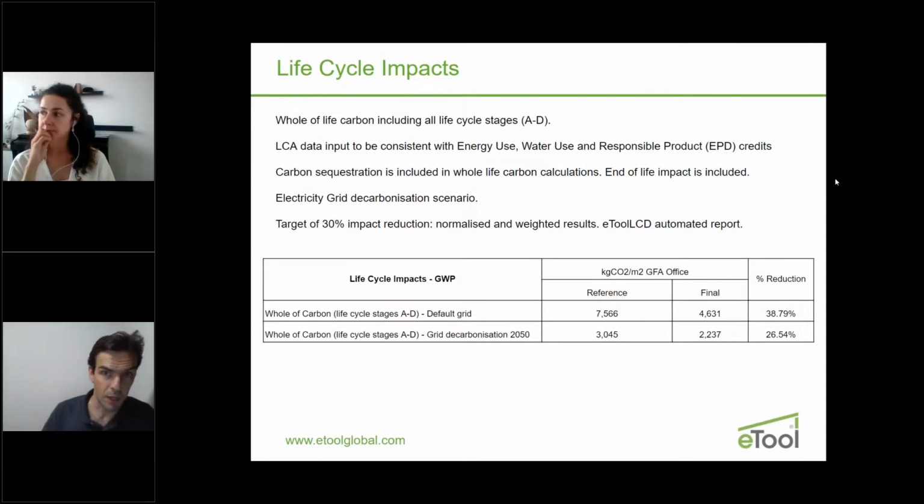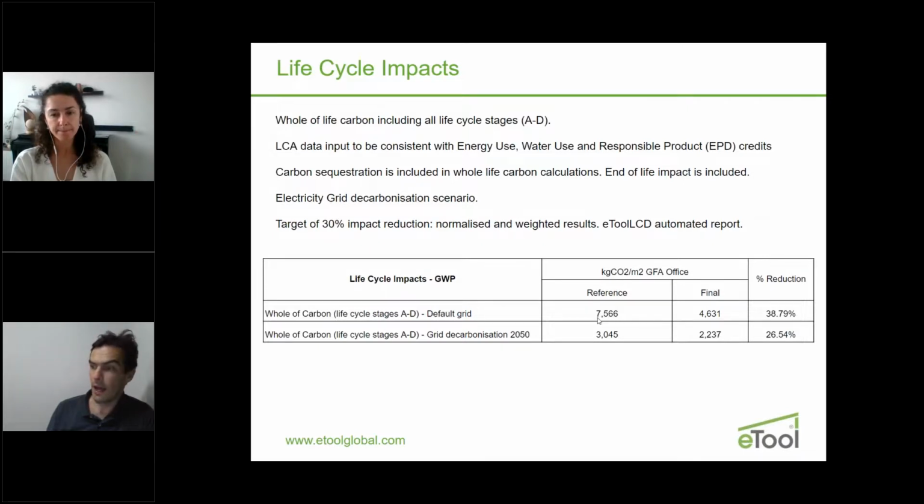Or at least in this example here, the current regional grid is 4 times more carbon intense than the 2050 grid that I used. So you can see that the first scenario is the whole life carbon using the default grid.